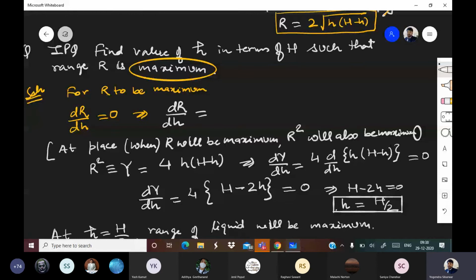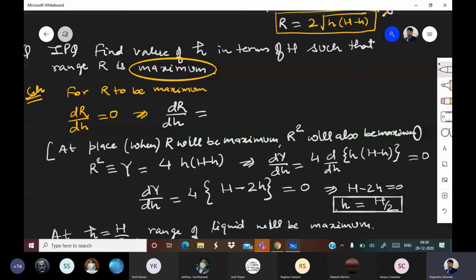Now listen carefully once again, just to give you how to think. This R was dependent on small h and H minus h. So basically it was dependent on the multiplication of H minus h with small h, right? So the value of R will depend on how much small h is, correct? If you keep different values of small h, your range will be different.